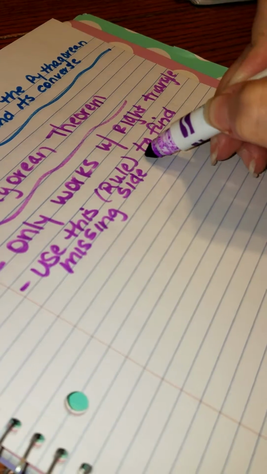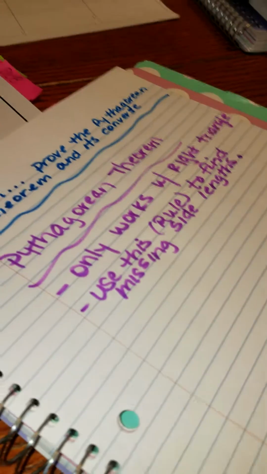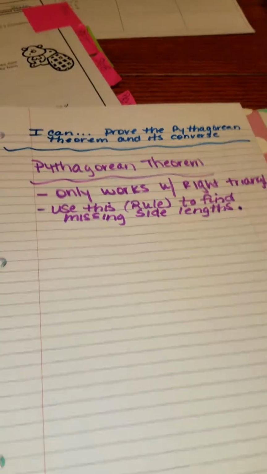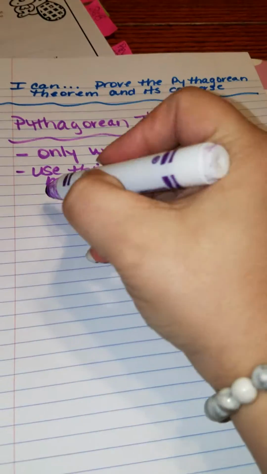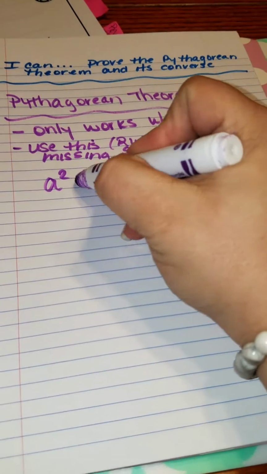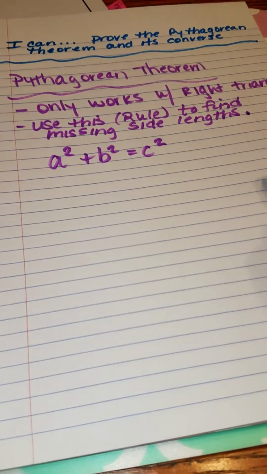We'll just say missing side lengths. Okay, so what that theorem actually is: a squared plus b squared equals c squared.